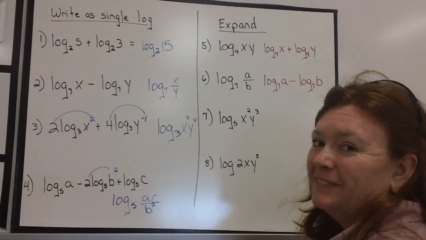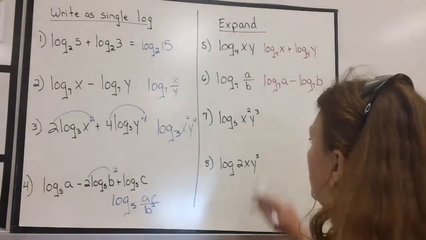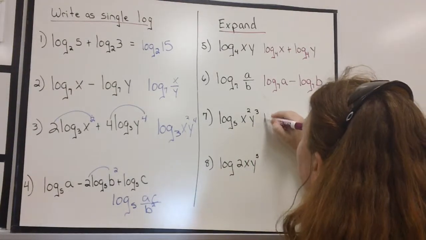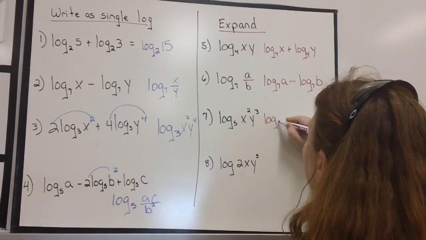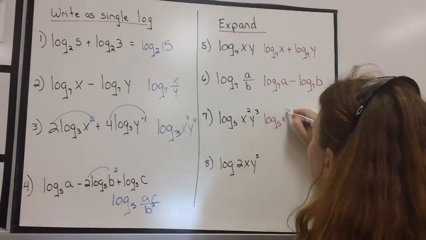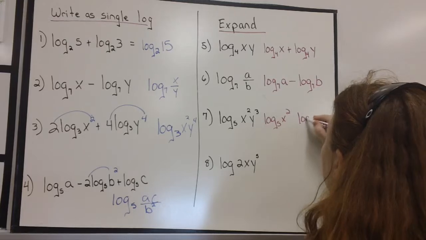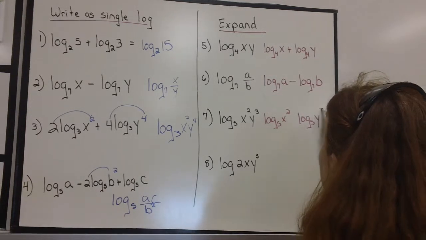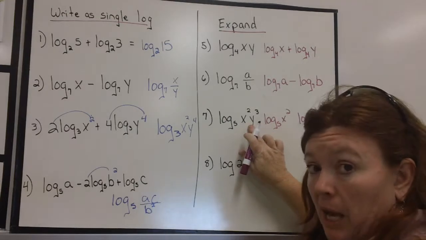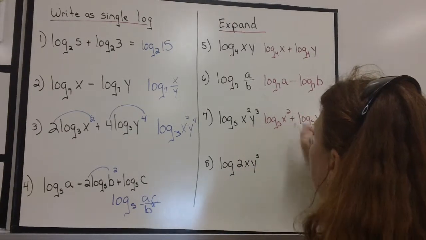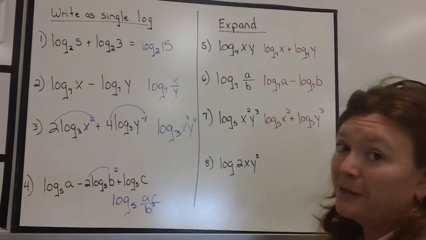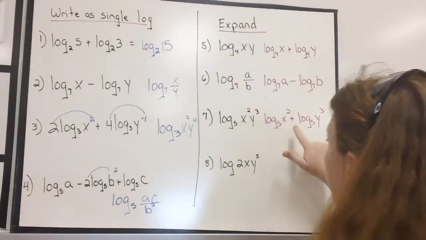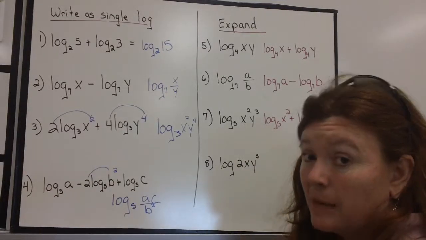Oh, here we go. This one I'm going to have to probably do in a couple steps. I have an x squared and a y cubed. So my first step would be that I have a log base 5 of x squared and a log base 5 of y cubed. They are being multiplied, so I add them. However, expanding, no exponents. I cannot have exponents in my answer because I'm expanding.